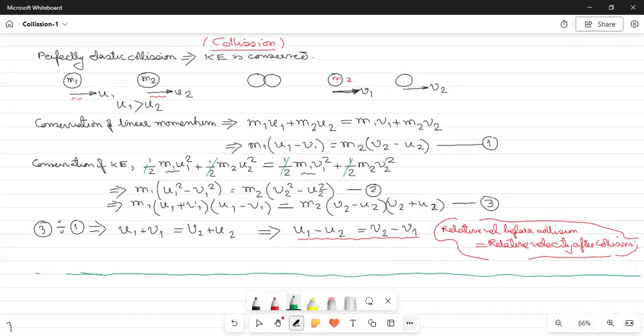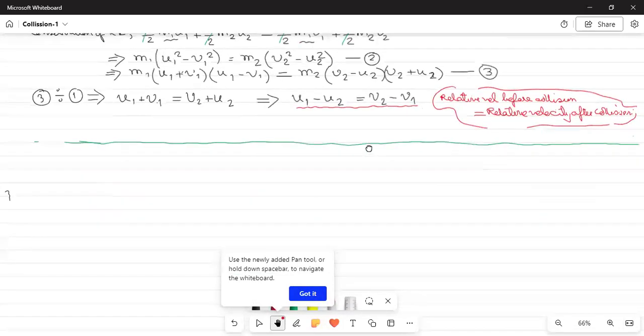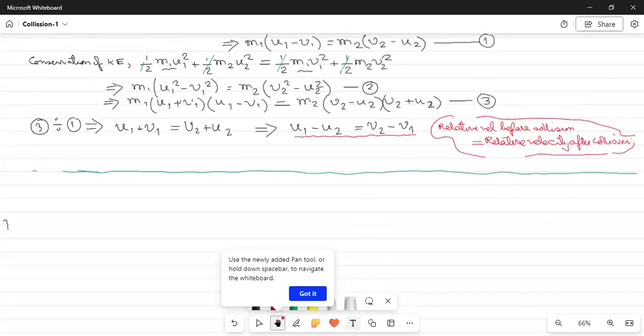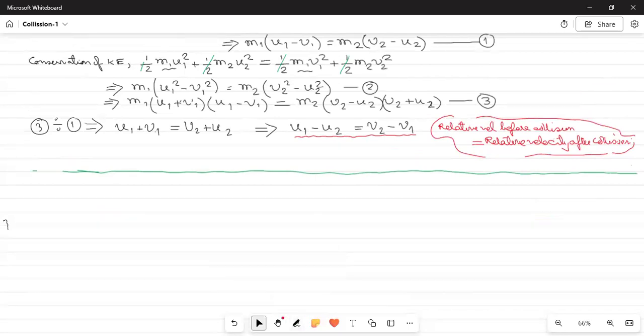What we shall now do, we shall now find out the velocities. We shall find out the final velocities in terms of initial velocities. This is our job.